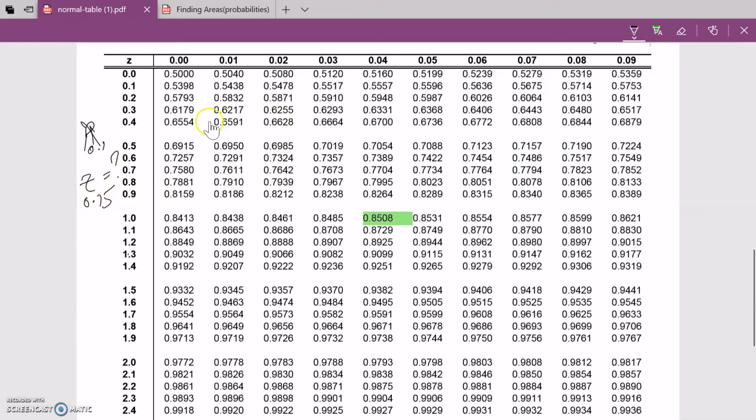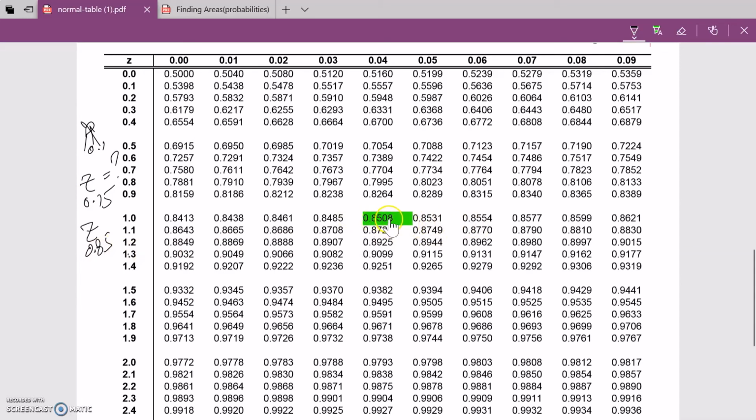But this table only helps if you provide the area on the left side. It means if the area on the right side is 0.15, the area on the left side will be 0.85. Now we try to find this value of 0.85 in the body of the table. And look at that, this is the nearest value. We are not able to find the exact value, but rather we are able to find the closest value.